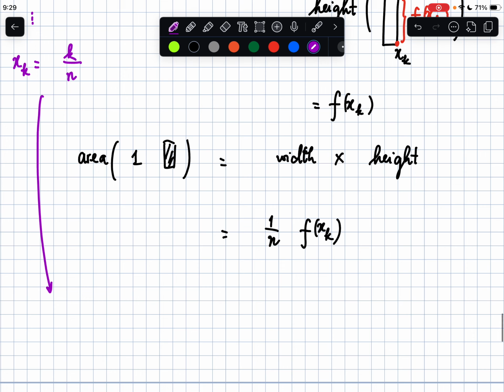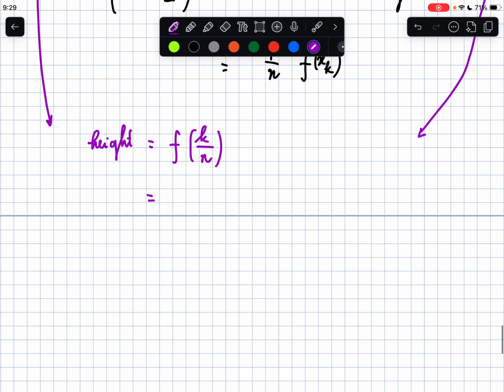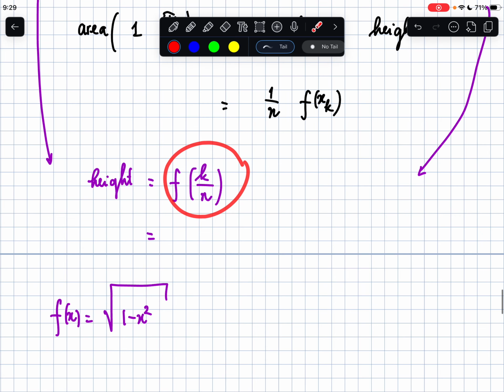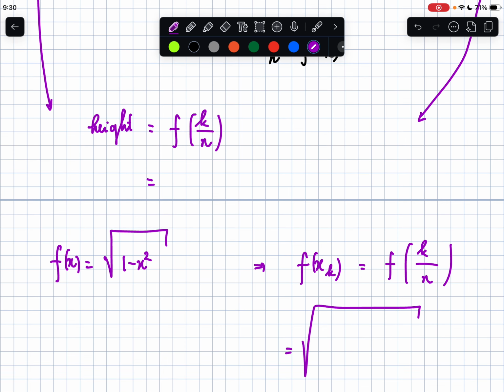Then the height is f of k over n. By the definition of the function, f of x is the square root of 1 minus x squared, and with that f of xk, or f of k over n, is equal to the square root of 1 minus (k over n) squared.